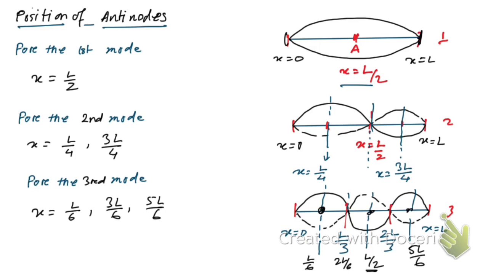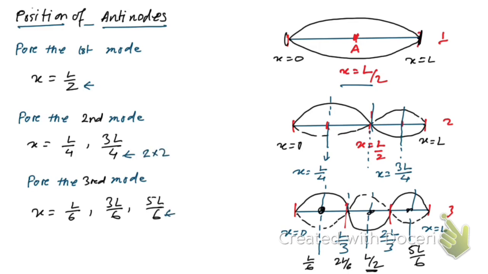So what are the positions of antinodes for the nth mode of vibration? For the first mode you have got 2 here. For the second mode you have got 4 here, that is 2 into 2.